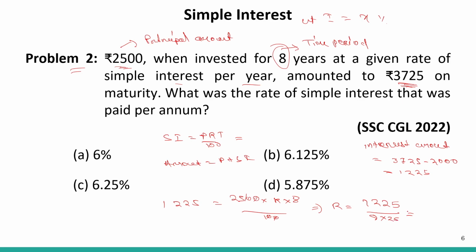This will be, I think, 49 over 8, which is just above 6%. If we divide by 2, it will be 24.5 over 4, so it will be 6.125%. So option B, that is 6.125%, is the correct option.